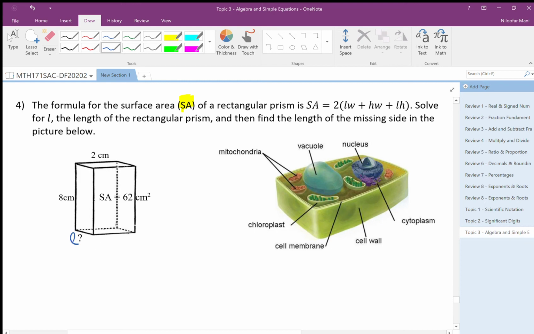Maybe the picture is not really what we like to see, because we like to see length longer than W, but it doesn't matter. So L is missing here. So do I have L here and I have W here? Okay, and I do have, for example, this one is H.